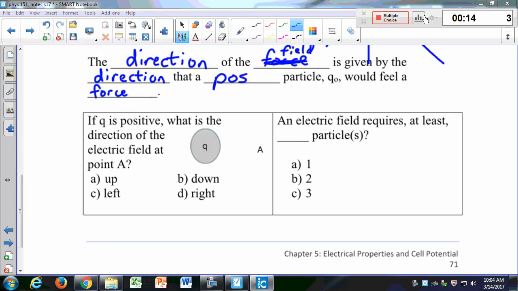I want to know what is the direction of the electric field at this point. All right, I'm going to stop at 45.